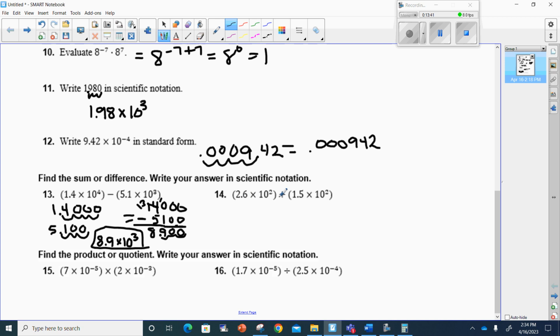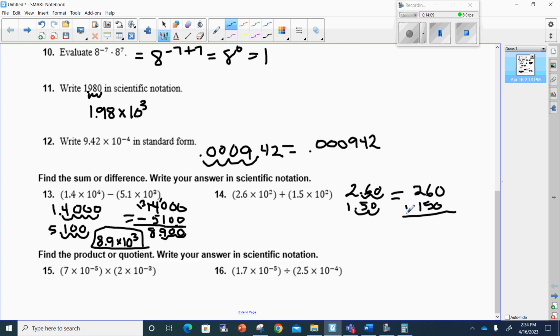Let's go to 14 where we're adding. We'll do the same thing here. I've got 2.6, and when I, to the second power, I'm going to move it twice. So that's going to turn to 260. Then over here, I got 1.5. I'm also going to move it twice. So that's going to be 150.